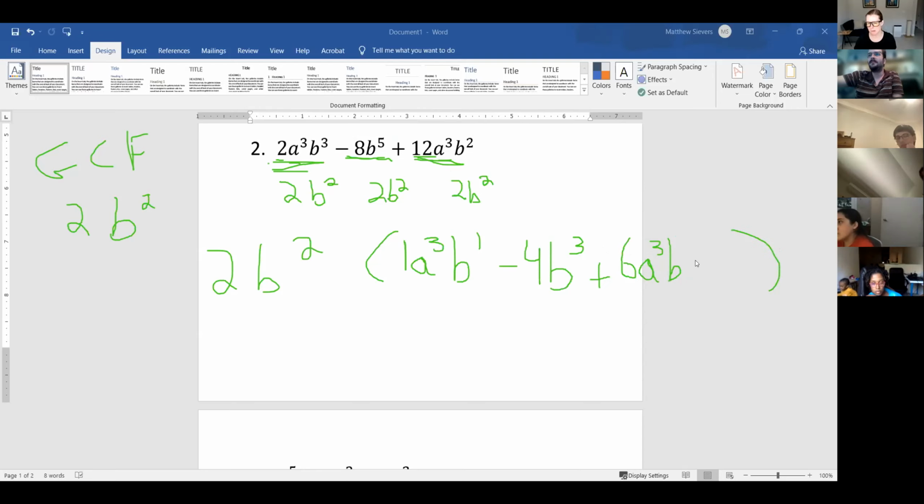Or is it 1? If it's 2 over 2, there should be 2 minus 2, so b to the 0, or just a 1, right? That guy disappears. That's it.